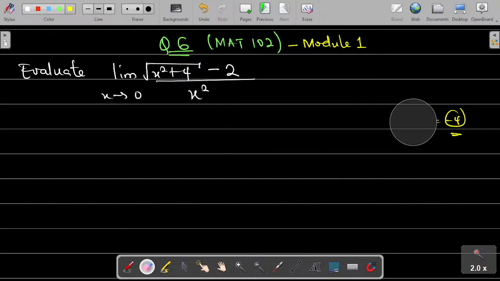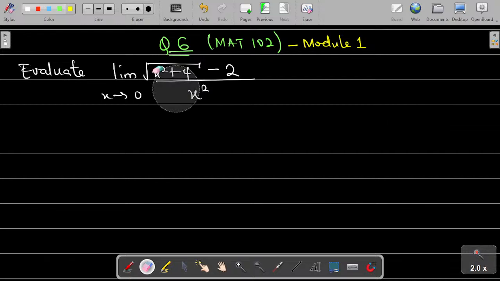Now there is also another case where you would have to apply L'Hopital's rule. For instance, even the case I just removed, L'Hopital's rule will work there. For L'Hopital's rule, you're looking for a situation where a direct substitution is going to give you 0 over 0, or infinity over infinity. For instance, look at this.